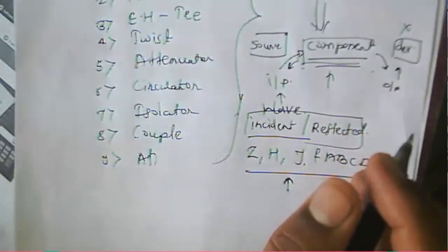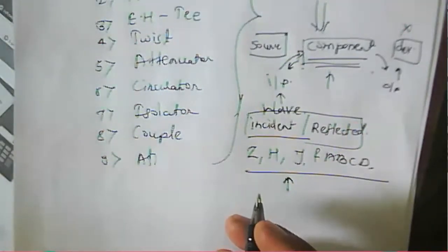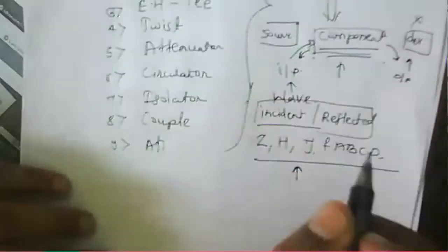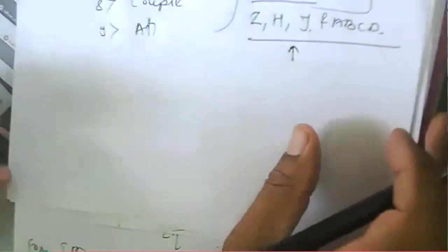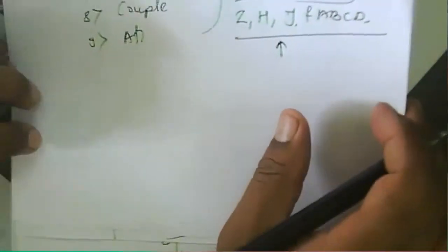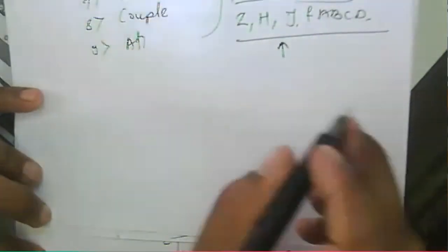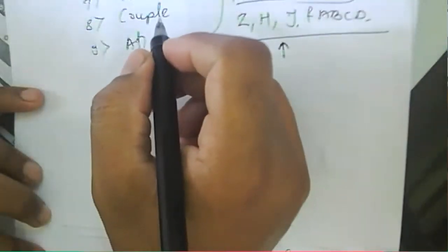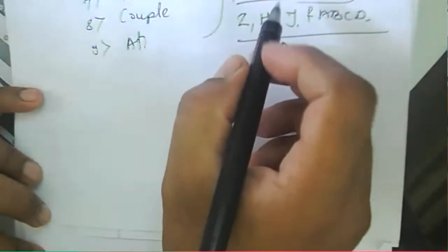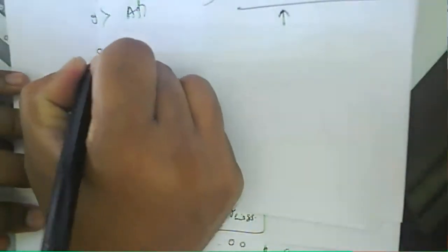So we are not able to learn the behavior based on current. We need to learn the behavior of the component based on the incident wave and reflected wave.